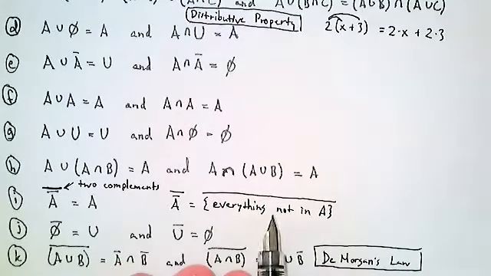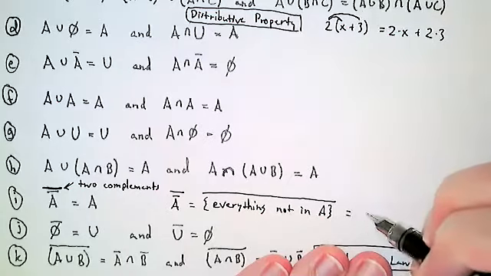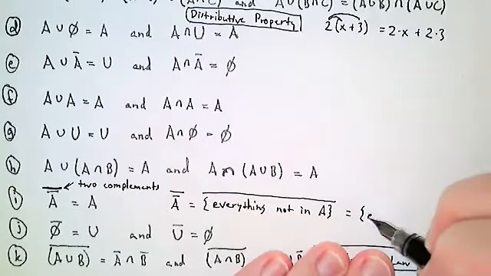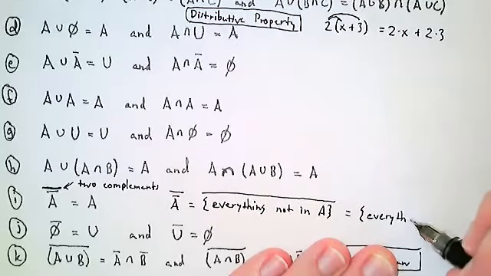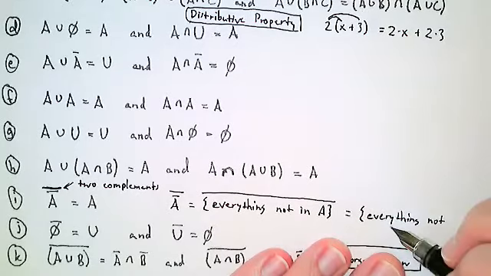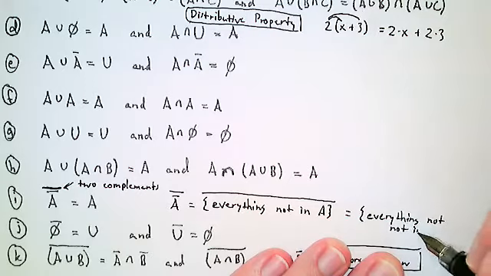And this basically puts an extra not in here. So this is the set of everything that's not in A. So basically, it's everything that is in A.